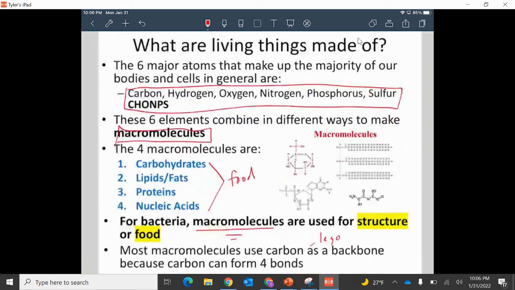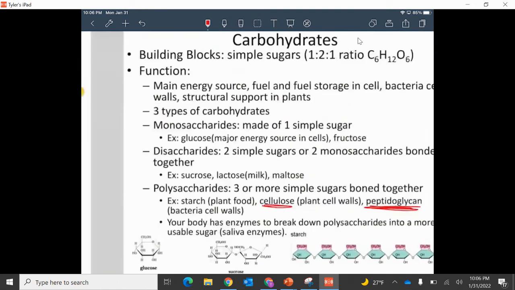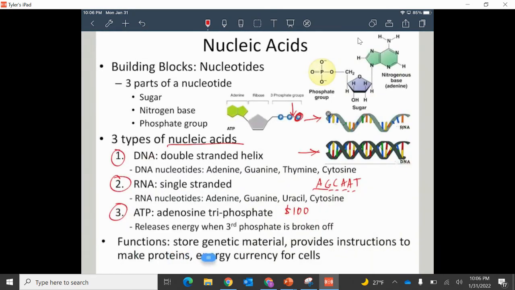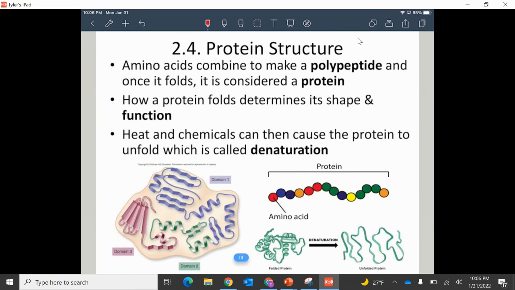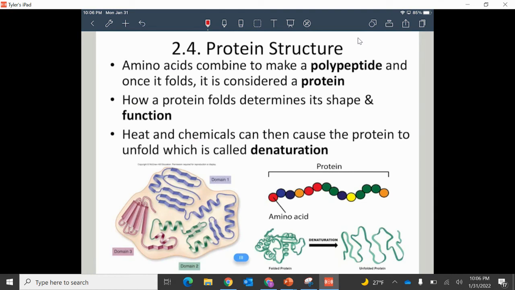I mean, we're going to see these things over and over again. And that's one of the things that we key in on in classes. How are microorganisms different from each other? And one of the answers is it's in their macromolecules. Okay. And so we talked about proteins. We know that for anything to happen, you need proteins for that to work. Okay, this just talks about protein structure and folding.